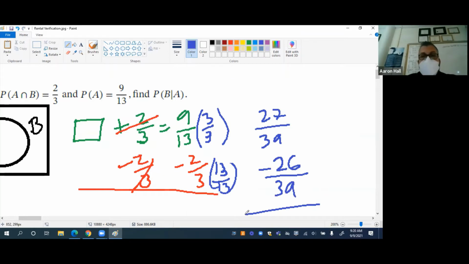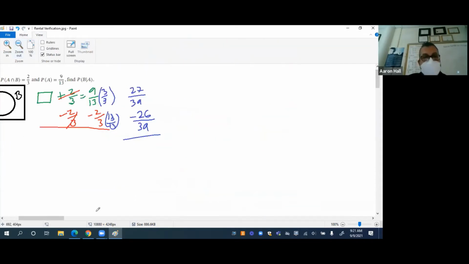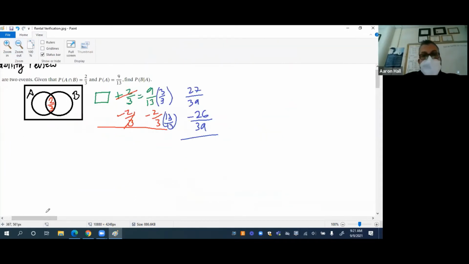Okay, now what do we do? Do we subtract the numerators and denominators? Just the numerators. If I subtract the numerators, what do I get?